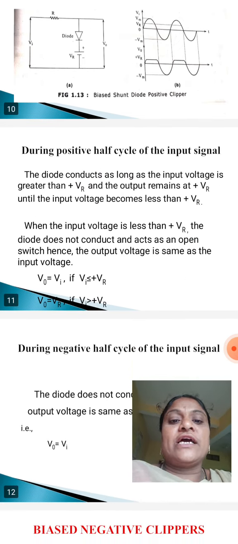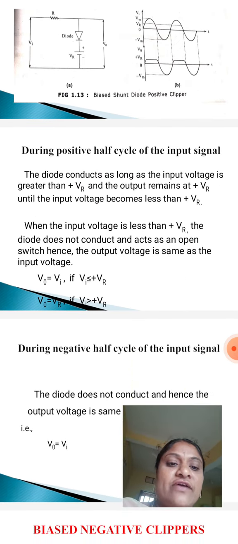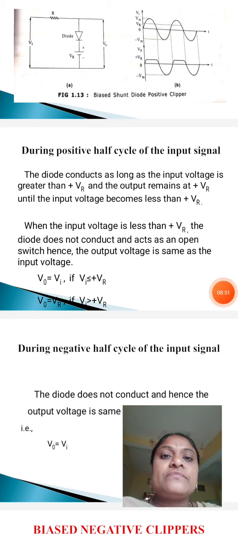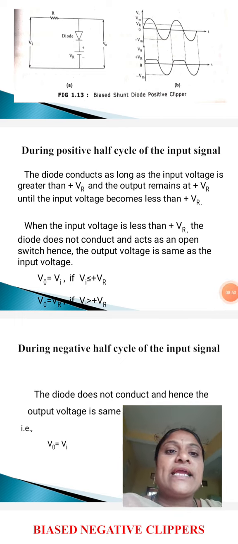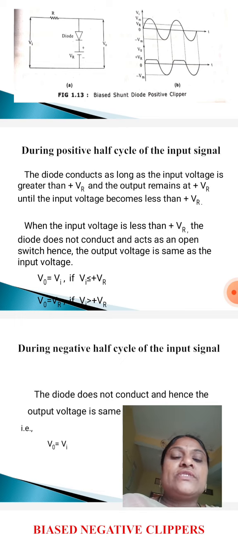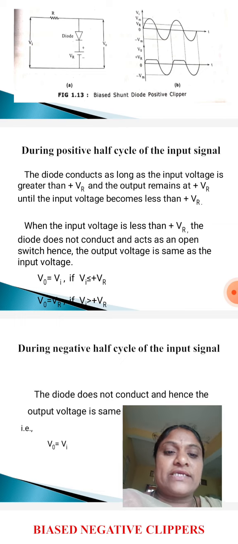Observe this figure during the positive half cycle of the input signal. The diode conducts as long as the input signal voltage is greater than the bias voltage. So that means the condition Vi is greater than VR. In this case the input is high.